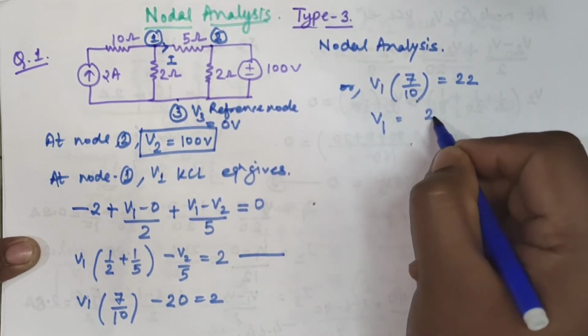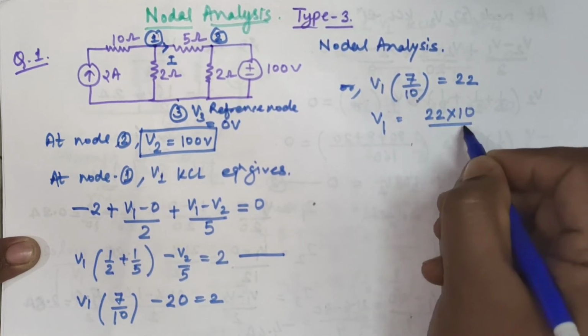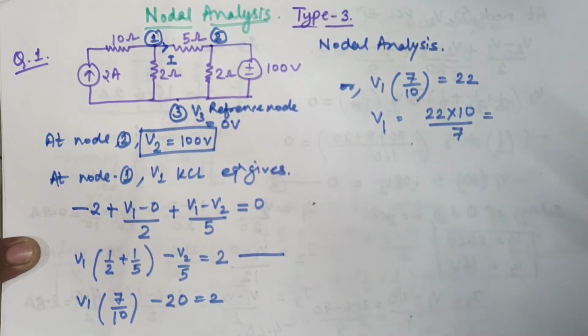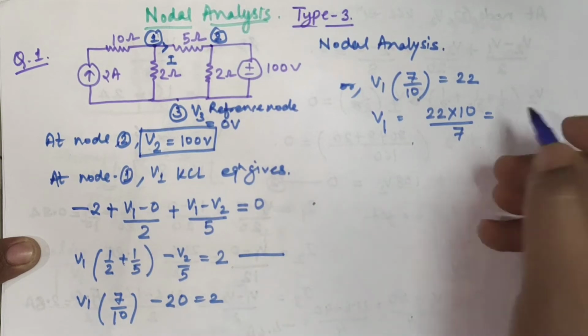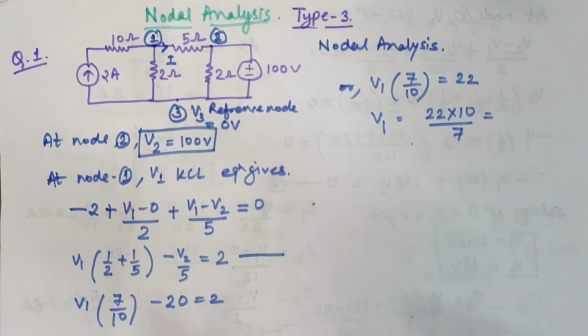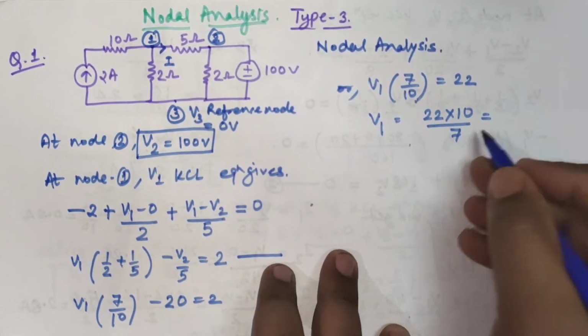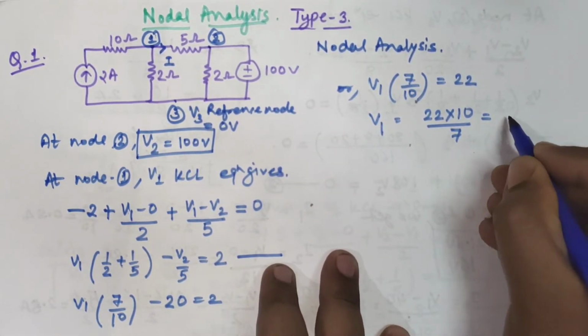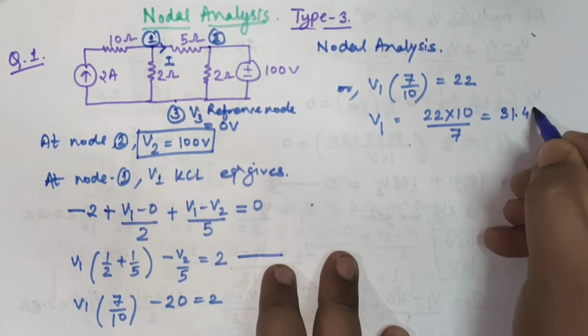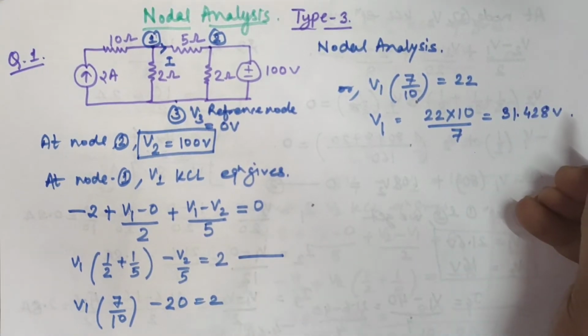So V1 equals 22 into 10 by 7, so it will be 220 by 7. After solving this we get 31.428 volt.